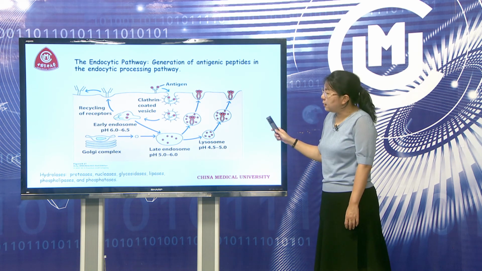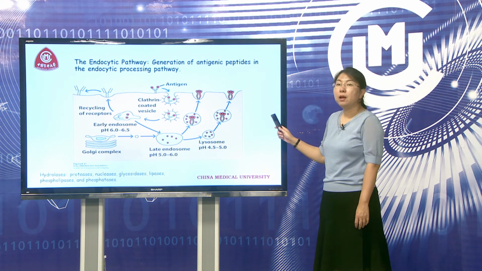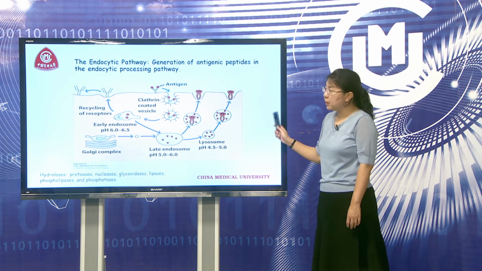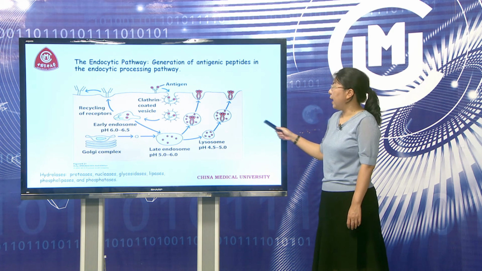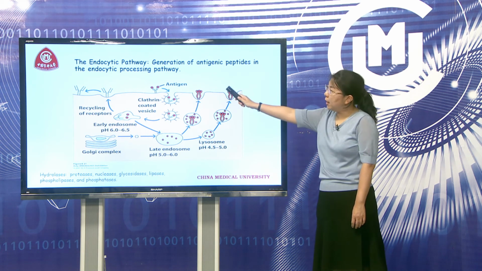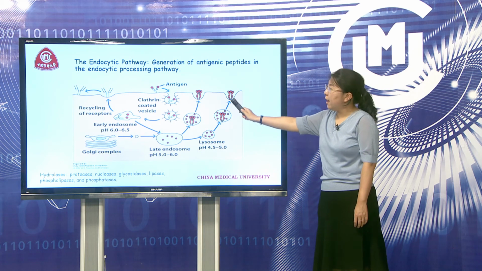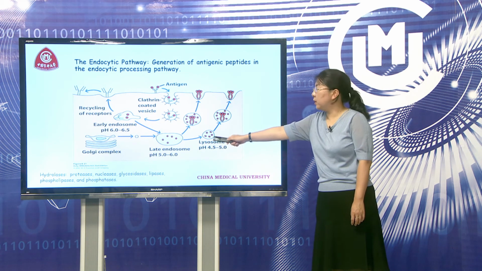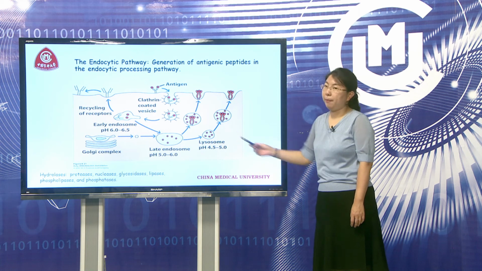So this is different from endogenous antigen, right? The cytosolic pathway. For the cytosolic pathway, the antigen passes through the proteasome and is degraded into small peptides. But for exogenous antigen, they move into the lysosome, and the lysosome degrades the antigen into small peptides.